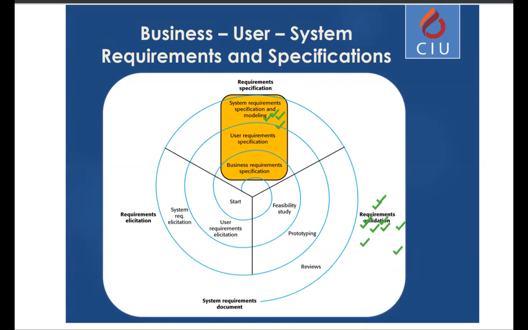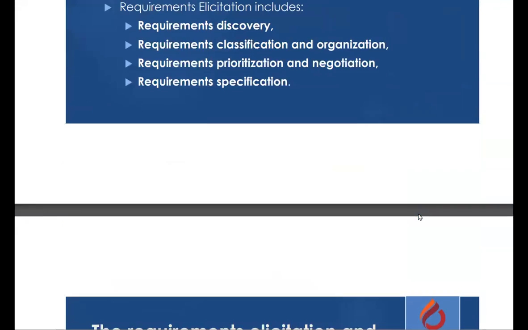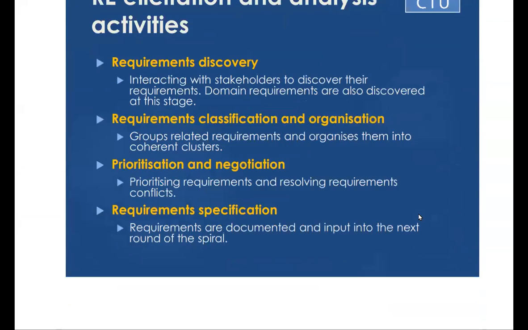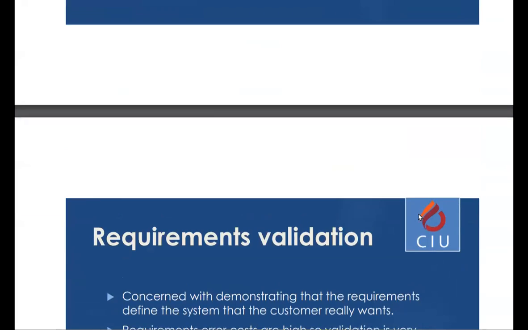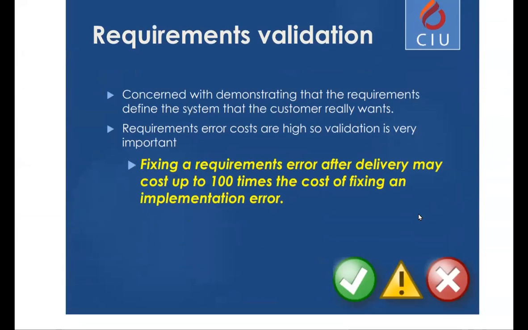And do not forget that stakeholders are investing money into your project, because the software business is expensive. If you don't do the validation, you risk facing two important problems. One, if you didn't consider a requirement, it might be very difficult to deliver it at a later date. Fixing a requirement error after delivery may cost up to 100 times the cost of fixing an implementation error.